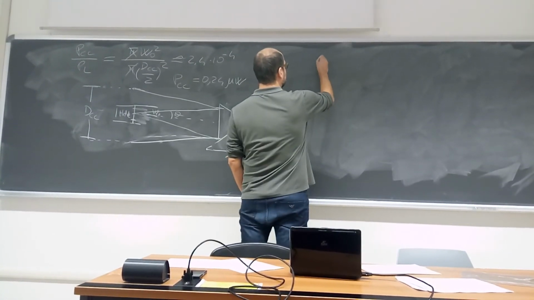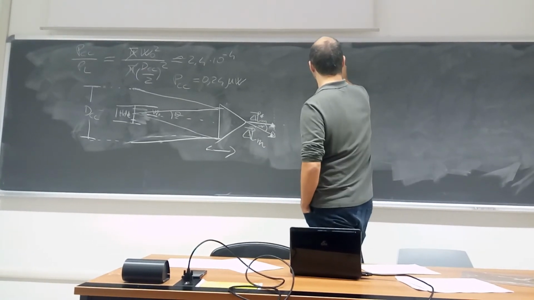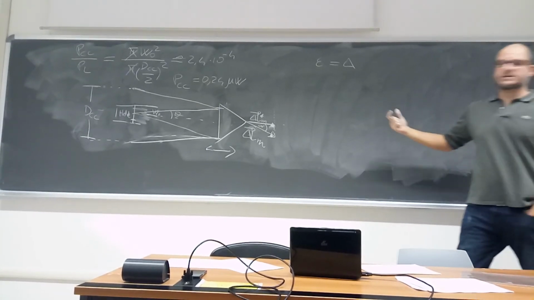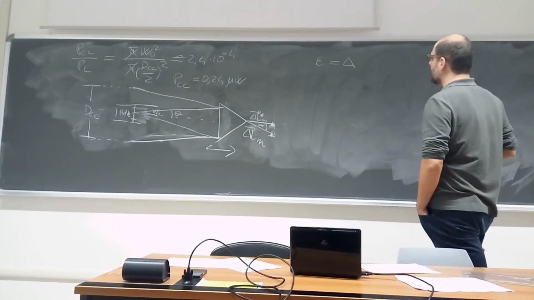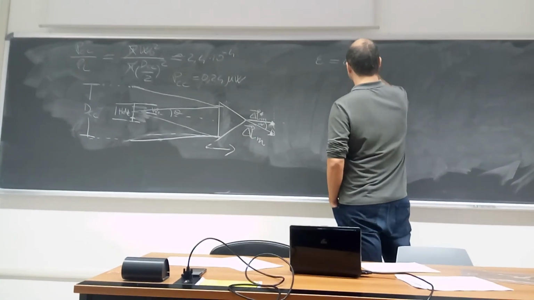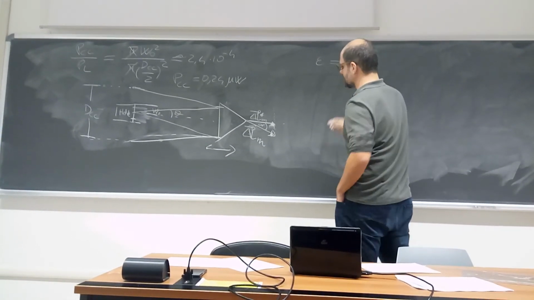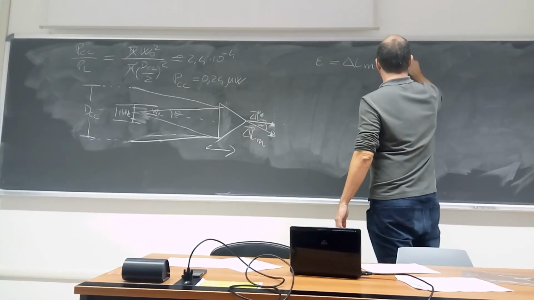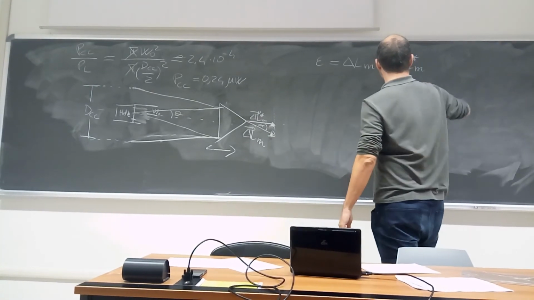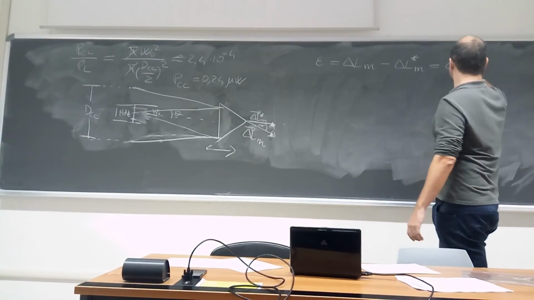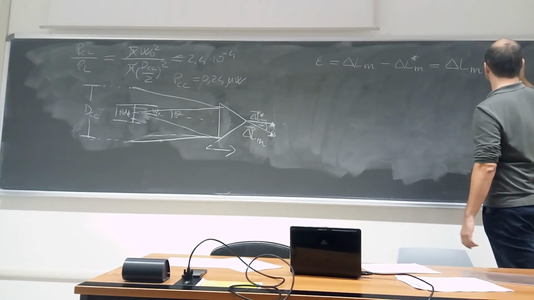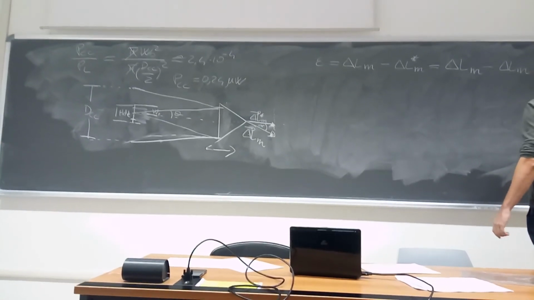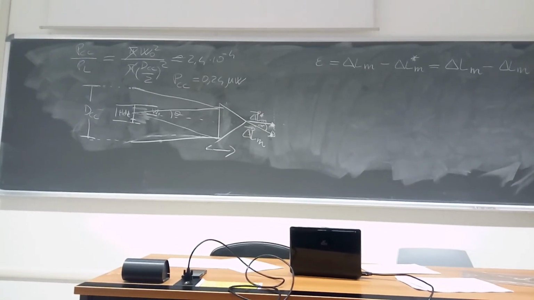You can write it as E. E is given by, let's consider just the modulus of these two vectors, okay? dLm, this is the real measurement, minus dLm star, and in particular this is equal to dLm minus dLm cos of alpha. Okay?